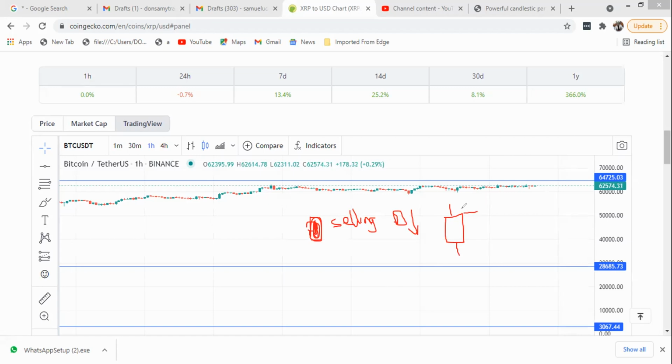This is the point A. It started here. It did high. This is the highest of that particular period. This is the lowest. It went down to this place. But here, it closed here.